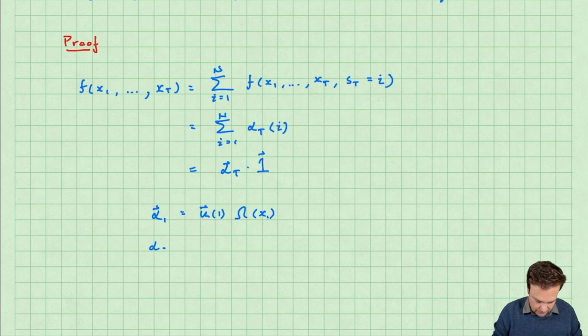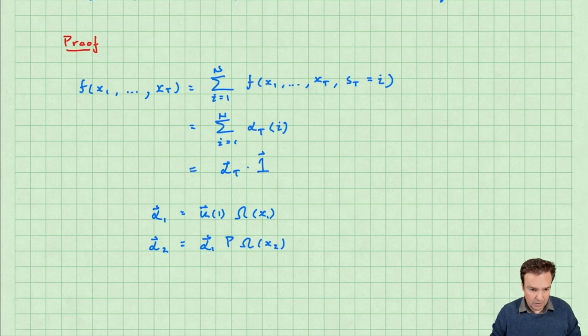And then alpha 2 is equal to alpha 1 times P times omega at x2. And so that's u1 omega x1 times P omega at x2.